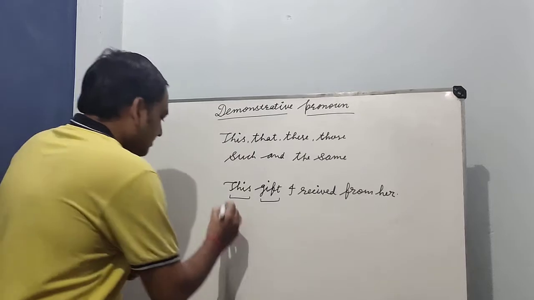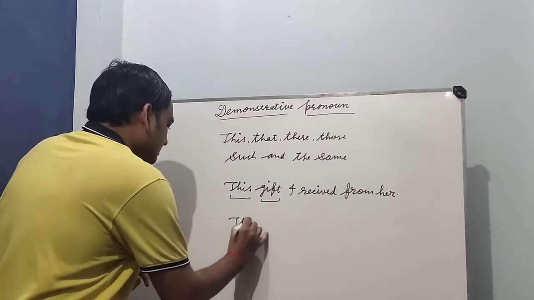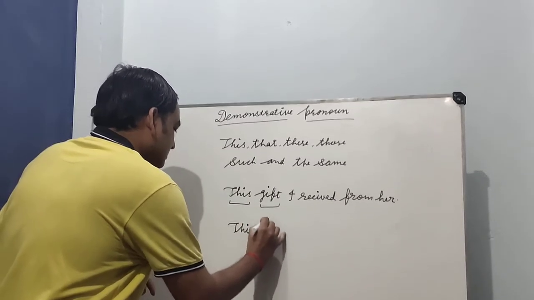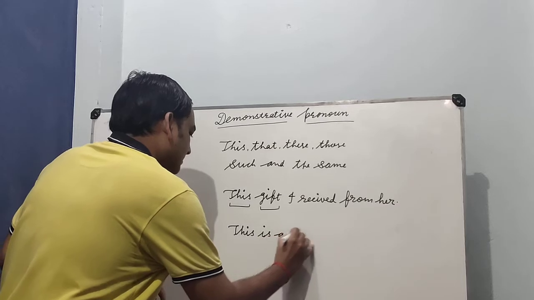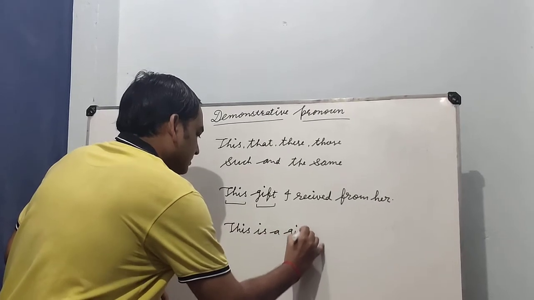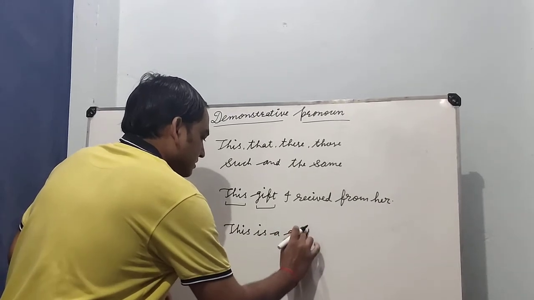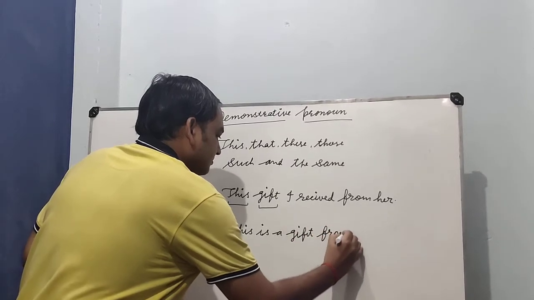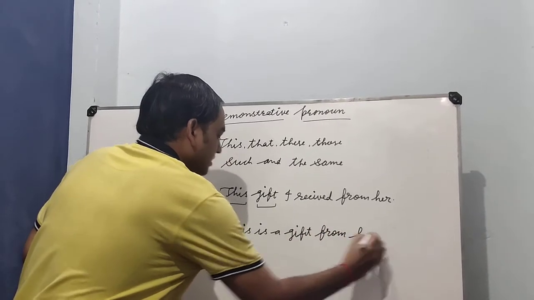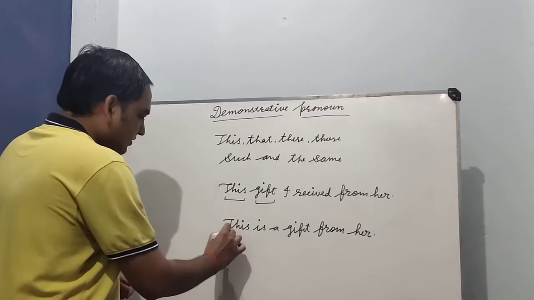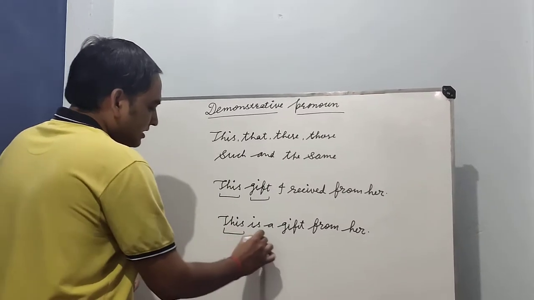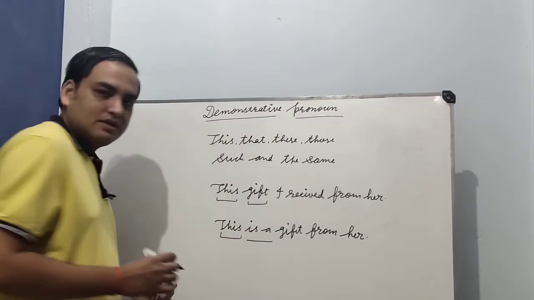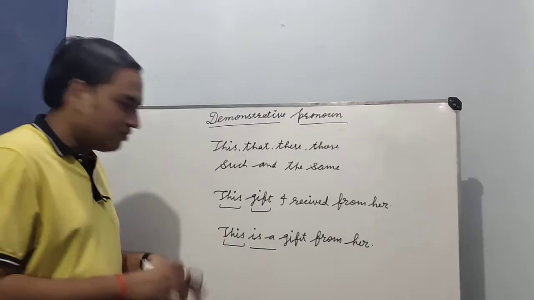Now I am writing another example here: This is a gift from her. In such a situation we are using this and there is no noun available after this to qualify.